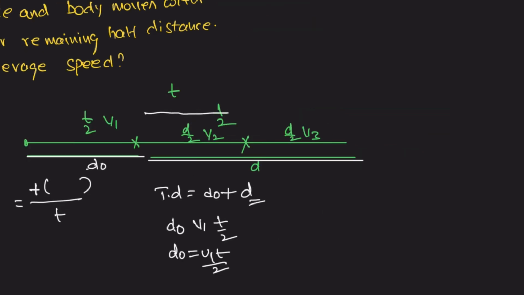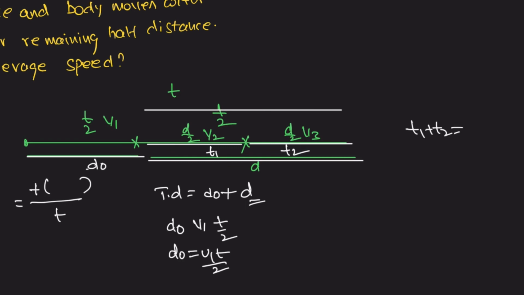For this distance it takes a time t by 2. So total time for this journey is t by 2. This is the first time and this is the second. So I take here t1, and here t2. So what is t1 plus t2? That is t by 2.